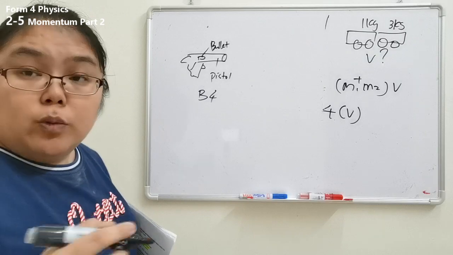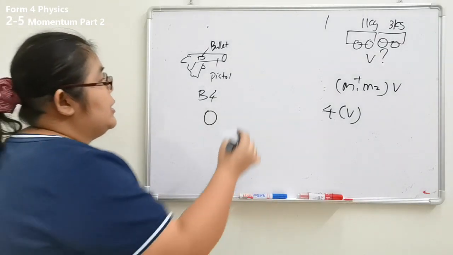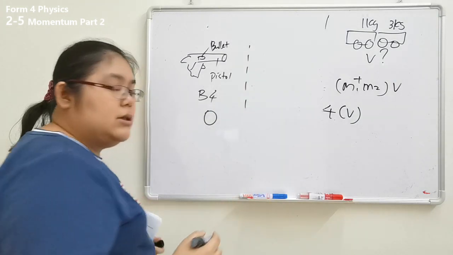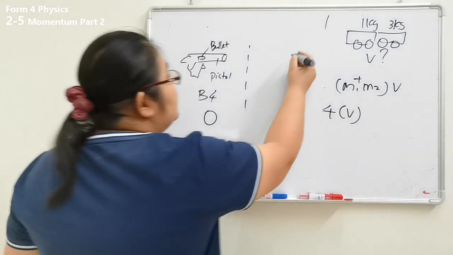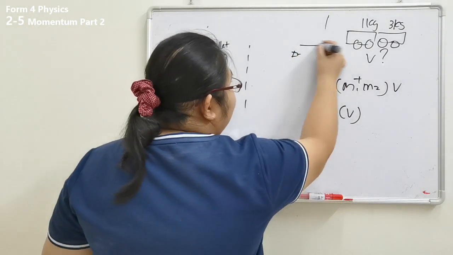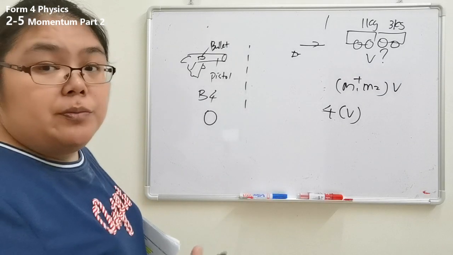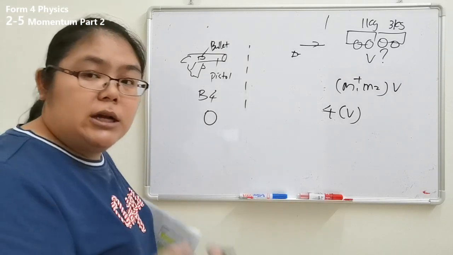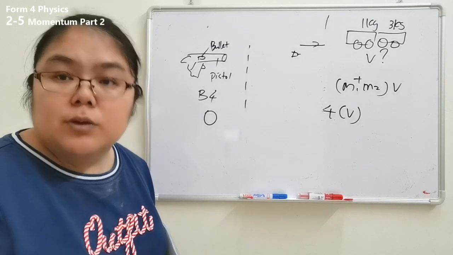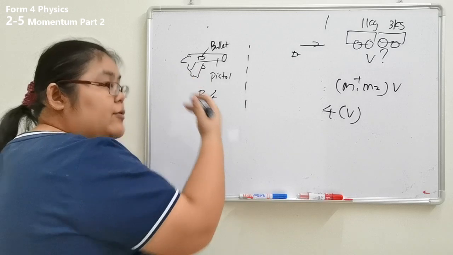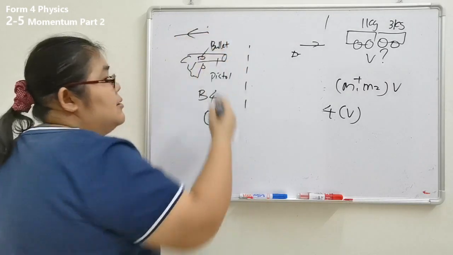Both are stuck together, not moving, so momentum should be 0. After collision, meaning you fire, the bullet must go forward, so we have forward momentum. At the same time, it creates another momentum, which must go backward. That is why your pistol recoils.